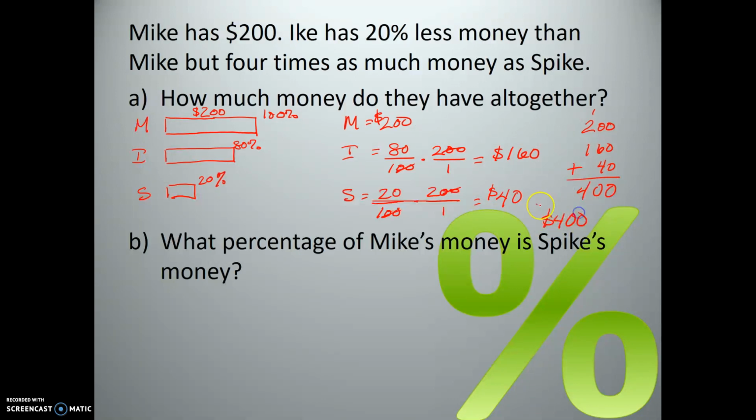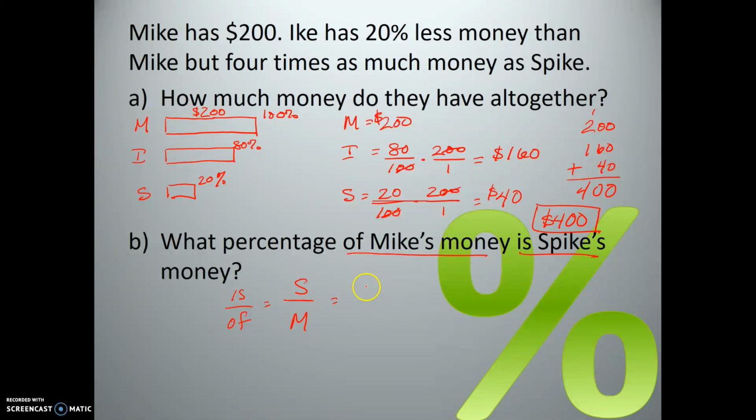I'm going to write that right here. And it says, what percentage of Mike's money is Spike's money? So we have is over of, right? So we have Spike over Mike. And we kind of already know that Spike has 20%, but let's go ahead and prove it.